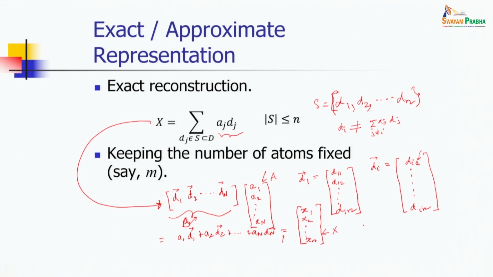So the equation we can write is BA equals x. But you know that there are, I have to write n here.